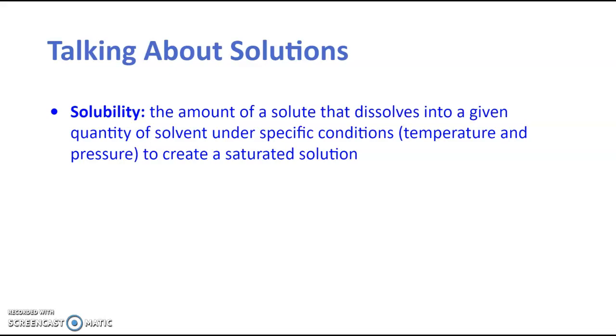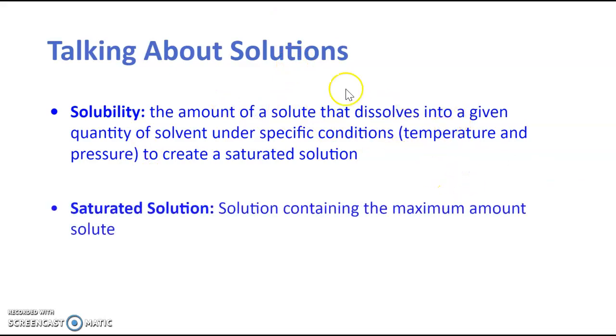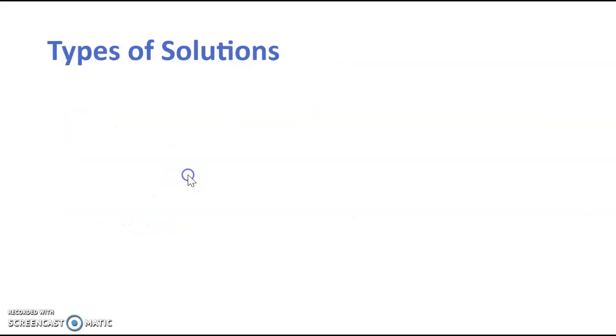We know that if you heat up a solution, like a hot cup of tea, it's easier to dissolve stuff than it is in a cold solution. And so that's where temperature comes into play. The saturated solution contains the maximum amount of solute. If you add more solute, it does not matter because it's not going to dissolve.